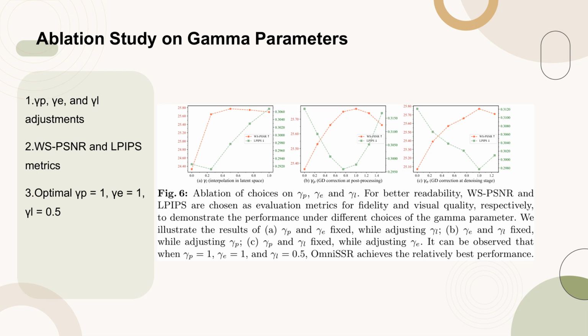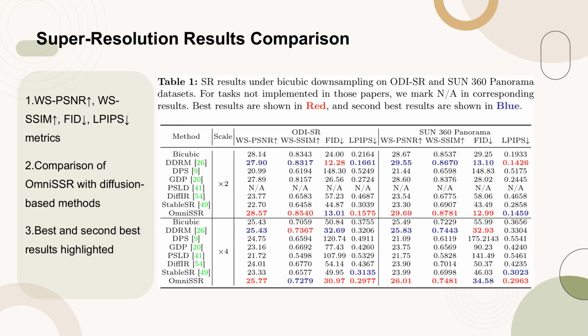to 0.5. Table 1 presents the super-resolution (SR) results under bicubic downsampling on the ODIs and Sun 360 panorama datasets. The table compares various methods including bicubic, DDRM, DPS, GDP, PSLD, DiffIR, Stable SR, and OmniSSR across different scales, x2 and x4.